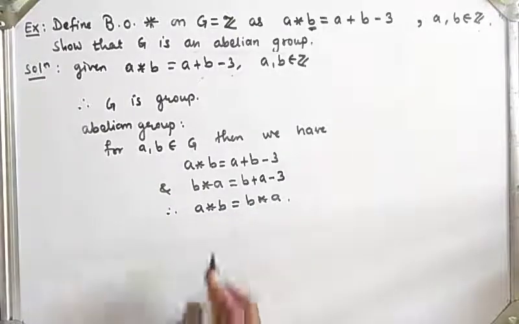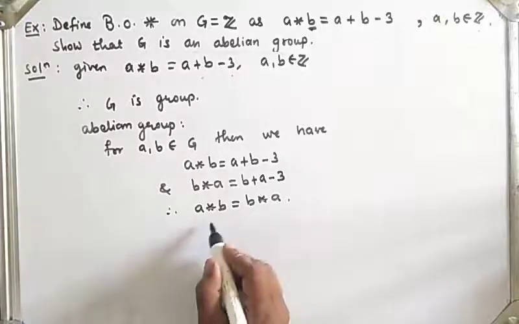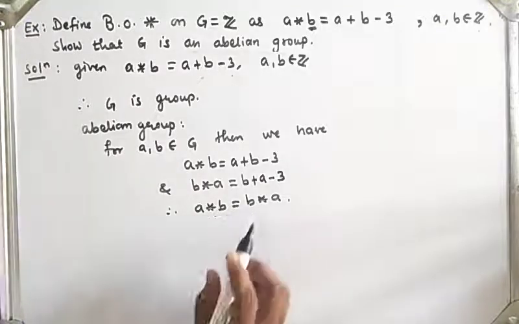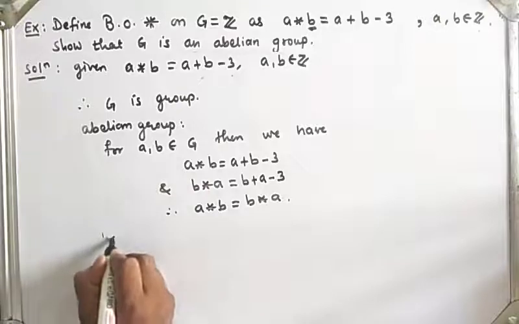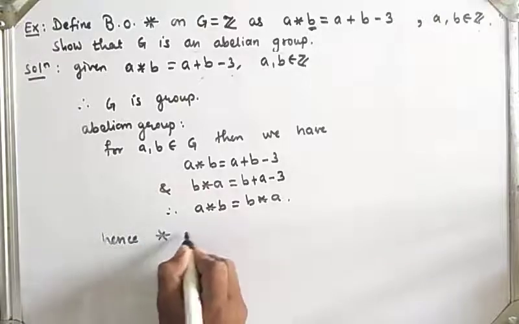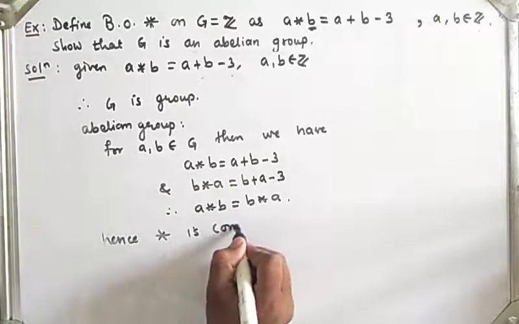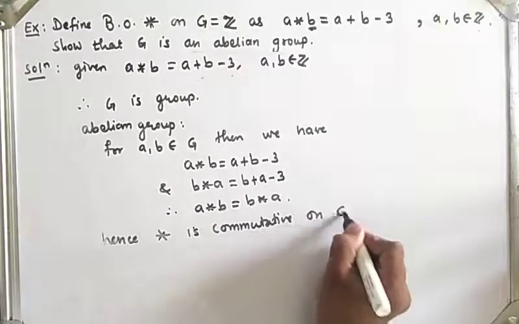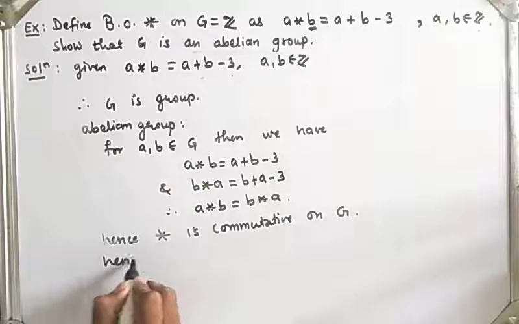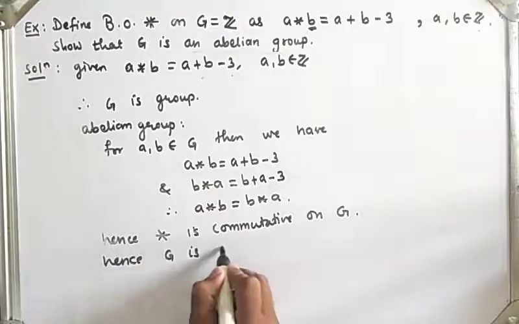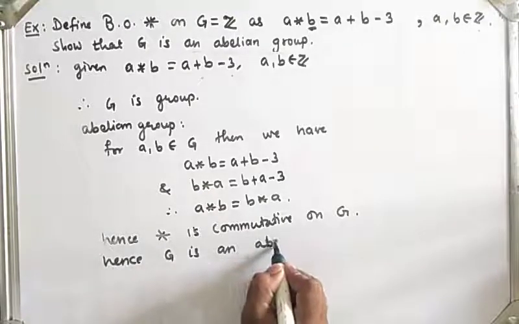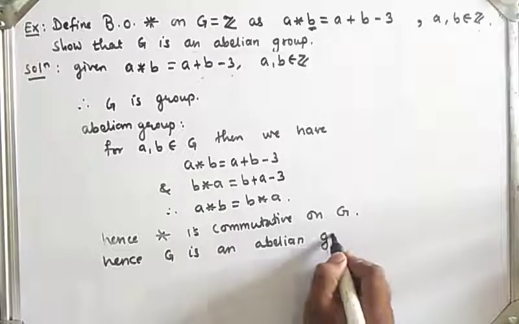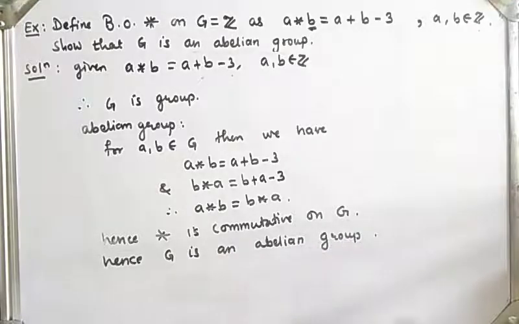This is the property for commutativity. Hence star is commutative on G, hence G is an abelian group, right?